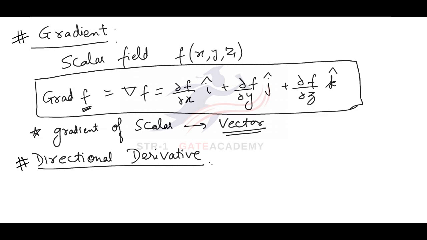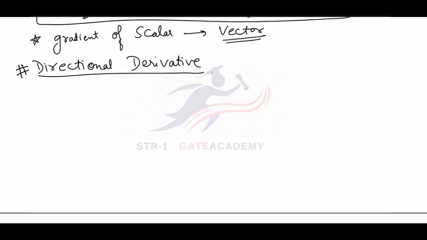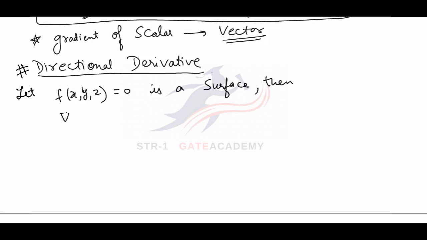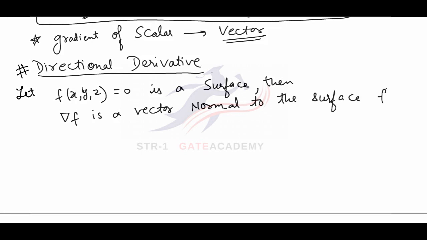What do I mean to say is, try to understand. When I was talking about gradient, let's say f of x, y, z was any surface. Then del of f, or grad of f, is a vector normal to the surface f, clear?